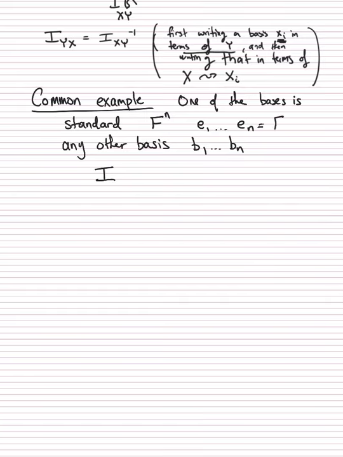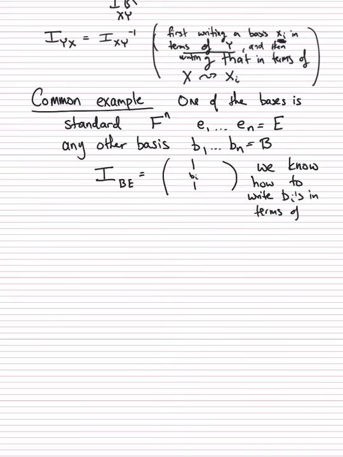Maybe I'll call this one e, this one b. We know IEB. This is just the matrix with the b's, because we know how to write the bi's in terms of e. You can think of this as sending the standard coordinate vectors to the basis vectors of B.